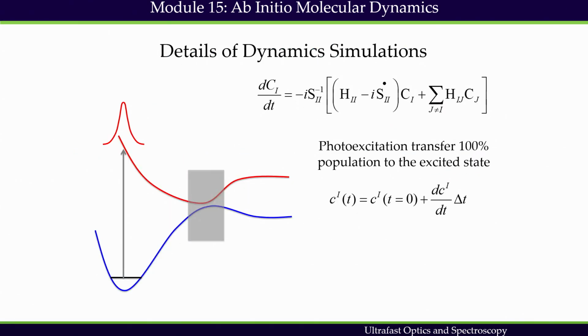Now, at t equals 0, all initial values of the coefficients and the parameters which define the nuclear basis set, position, momentum, and nuclear phase, are provided randomly from the appropriate Wigner distribution, which features the combined distribution of the quantum particles, coordinate and momentum, in terms of the wave function.